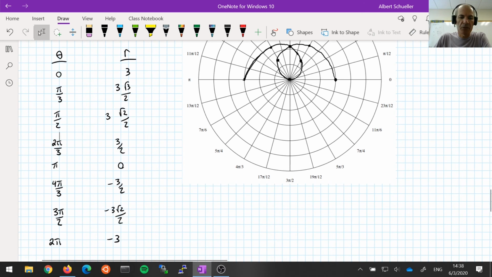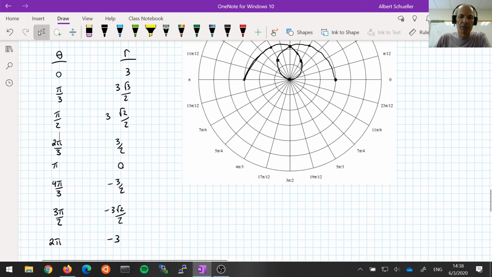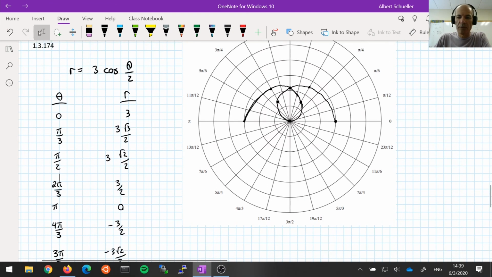Similarly, when I got around to 3 pi over 2, that worked out to 3 pi over 4 after dividing by 2, which is negative 3 root 2 over 2. And similarly here, when I'm down here, I go back through the origin and I land, sort of cross over the curve. If I continue, say out here at 5 pi over 3, I'm here, sort of symmetric with this.